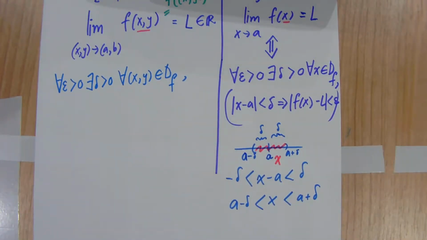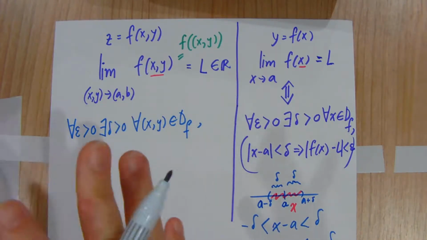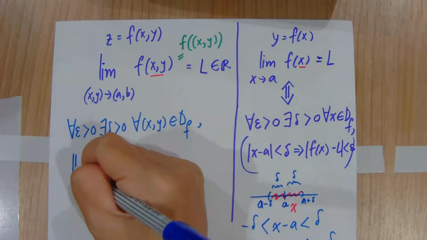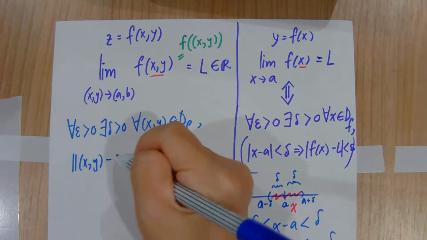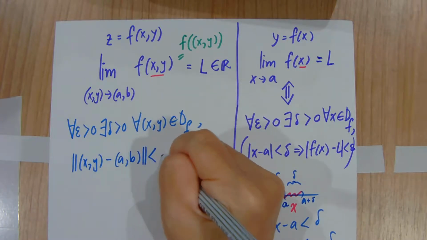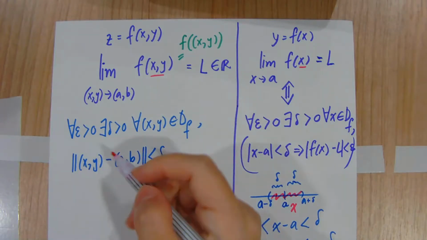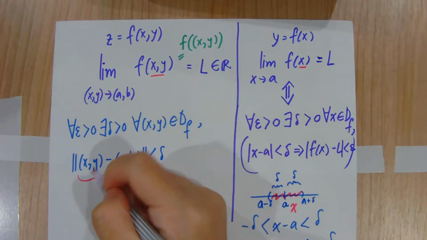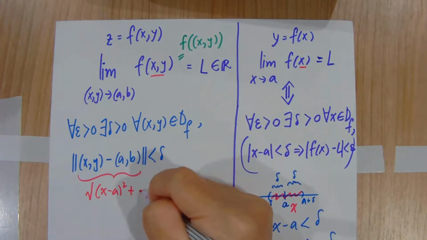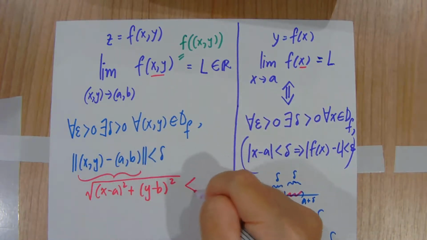But this is in 2D. When we talk about the distance, it could be a norm. I mean, the norm of the point (x, y) minus the point (a, b) is less than delta. Okay, so what does this mean? This means that the distance, the square root of (x minus a) squared plus (y minus b) squared, must be less than delta.